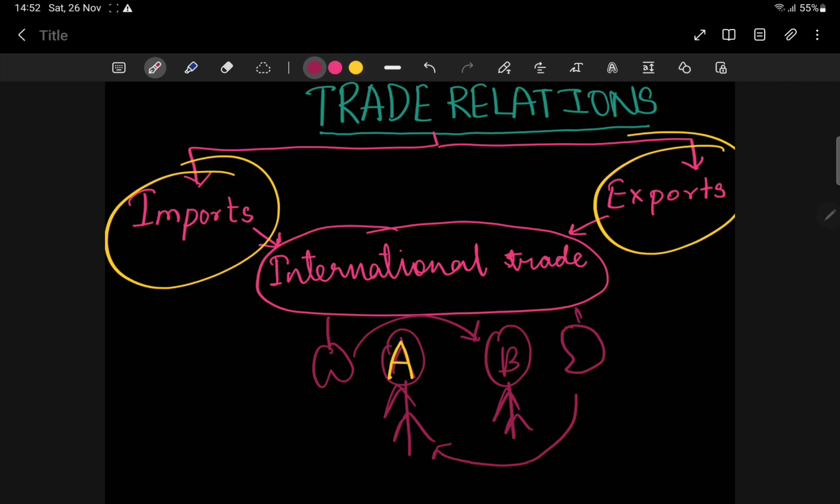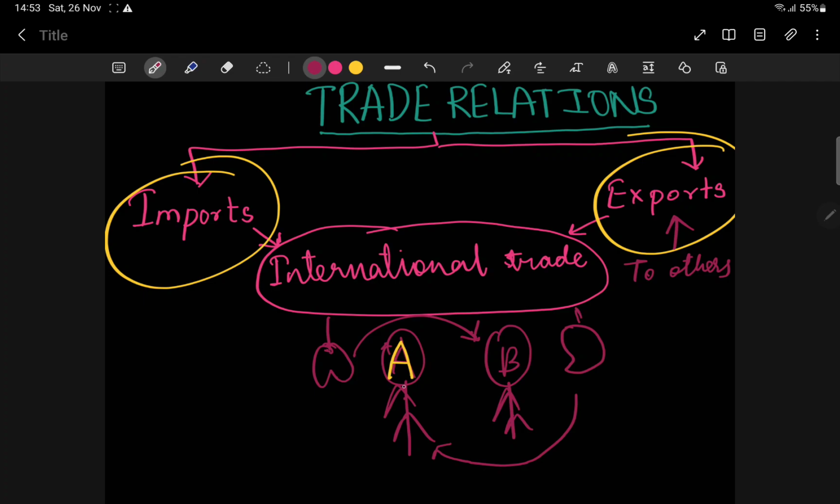He is giving this apple to person B. So whenever you are giving something that is yours to another person or another country, that is called export. You are giving yours to others, to others, it is called export. If you are giving some product of yours, this apple belongs to person A, he is giving it to B. So here person A is exporting this apple to person B.